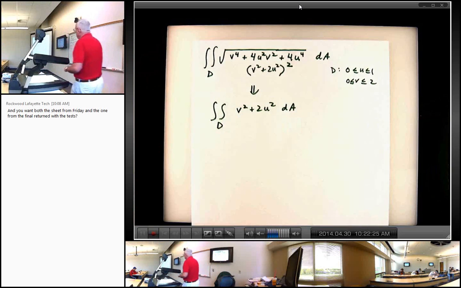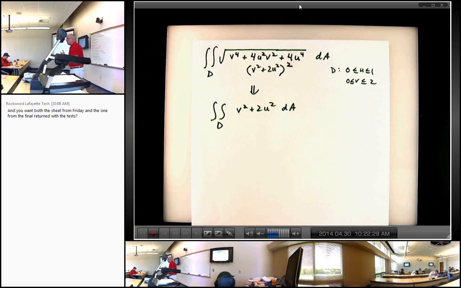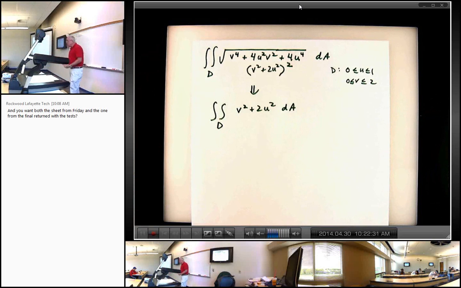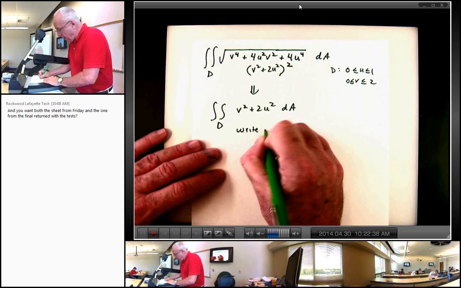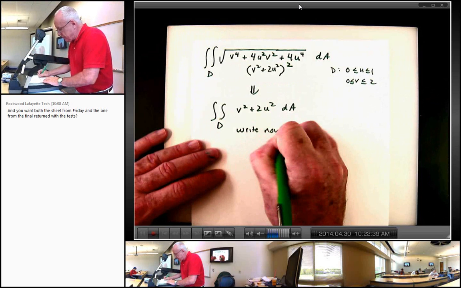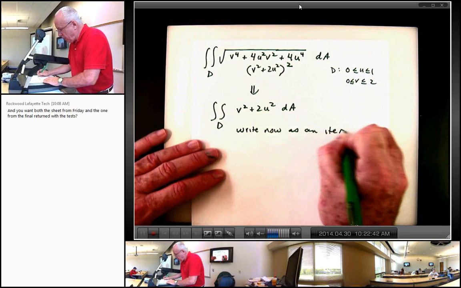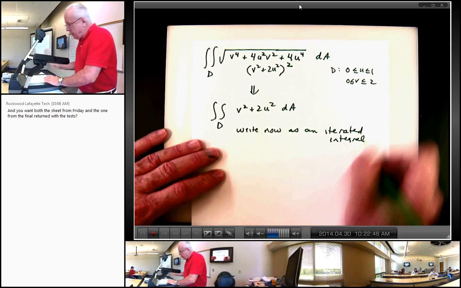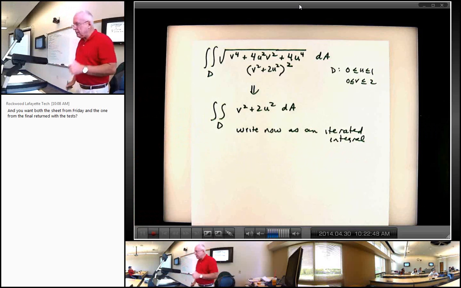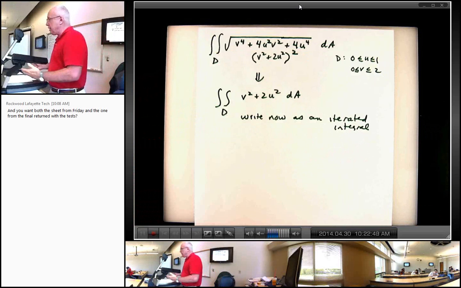Okay, so we know with these double integrals, or triples for that matter, what we have to do is now get it as an iterated integral. Okay, so let's see. It really doesn't matter in this case which one I start with.